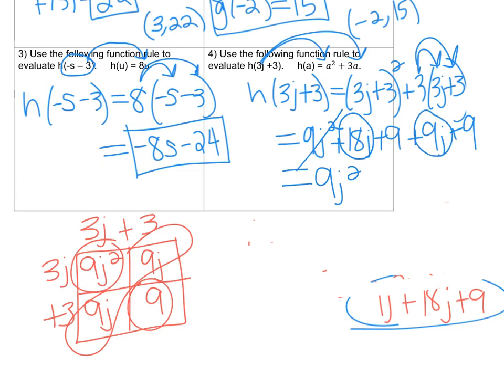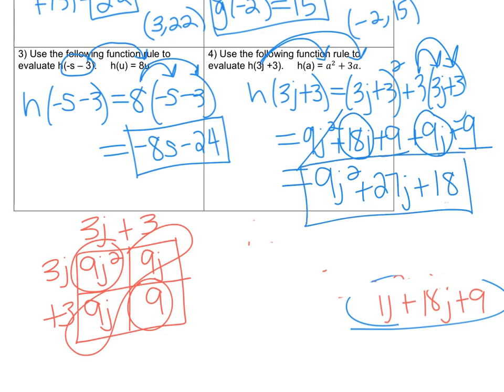If I add those together, 18 plus 9 is 27j. And then combine your 9 and your 9 to get 18. Ooh, that one was a little bit harder. So you should end up with 9j squared plus 27j plus 18.